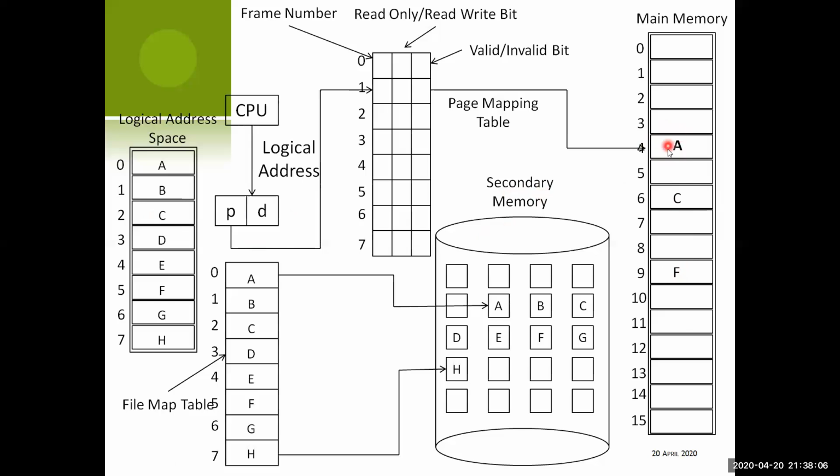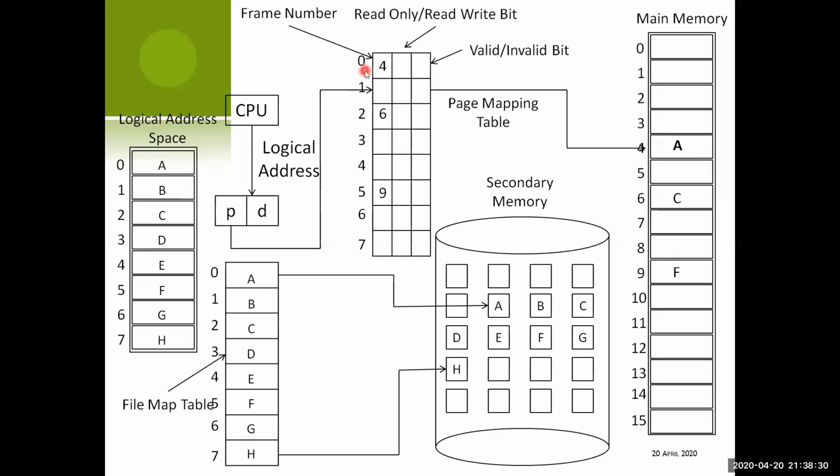Page A is loaded into frame 4. Page C is loaded into frame number 6. Page F is loaded into frame number 9. Now, corresponding to these pages, we have a page mapping table where we have to keep track of these frame numbers.